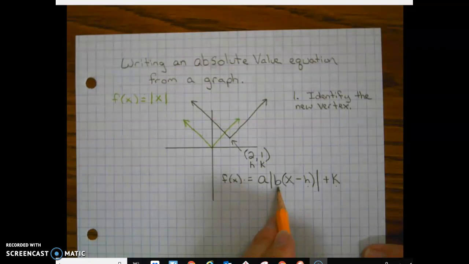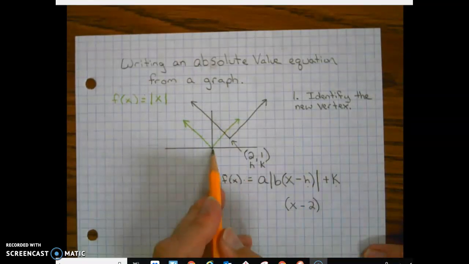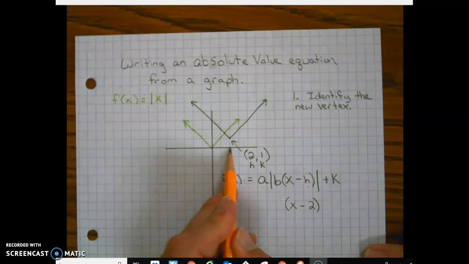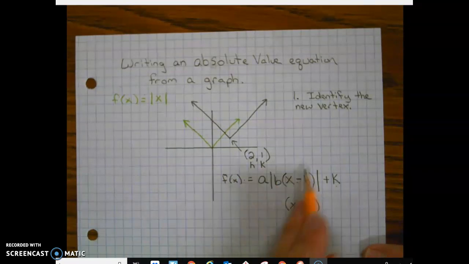Okay? So right now, as we build this equation, we're going to have, starting off, x minus 2, because it's been translated 2 units to the right. And remember that inside anything dealing with horizontal, inside the absolute value grouping symbol is going to be the opposite.